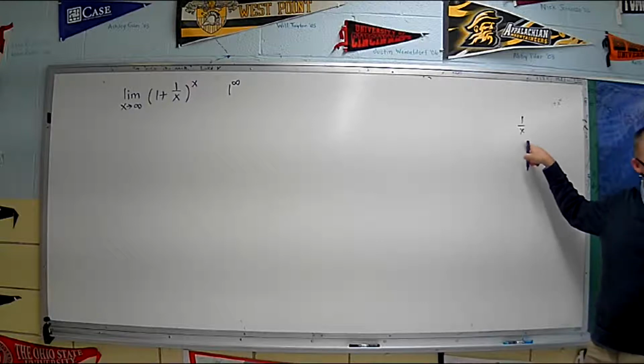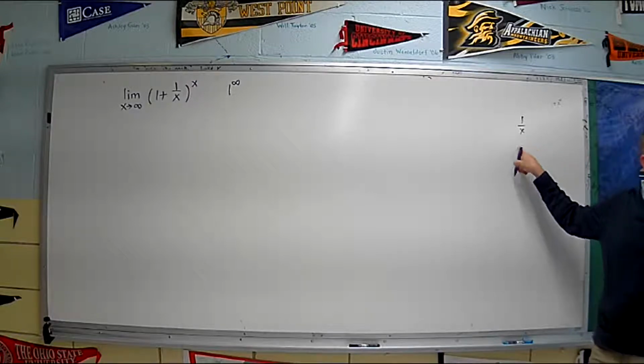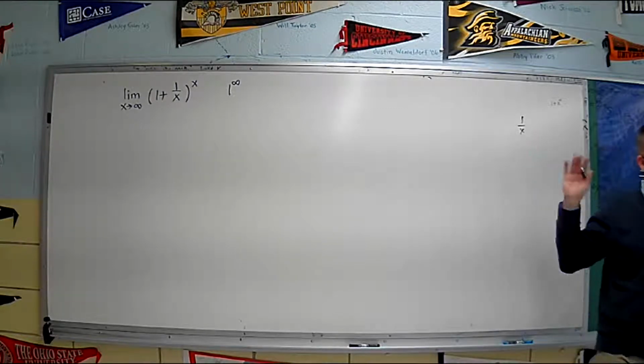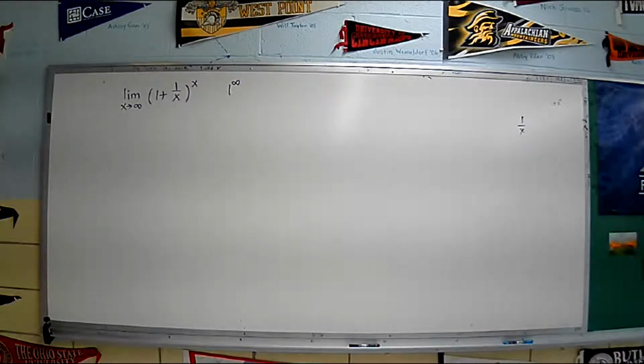If x is approaching 0, 1 over x approaches infinity. It will be very helpful if you have those two ideas straight in your head. 1 over infinity is 0, 1 over 0 is infinity, and I use the term "is" very loosely.